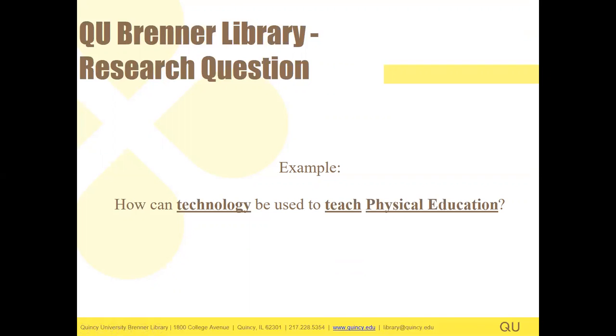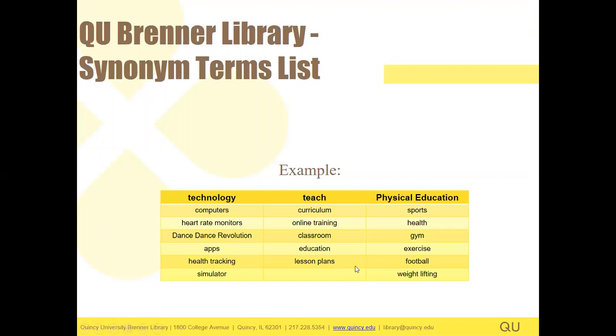Now I'm going to put those into a table and I'm going to come up with like terms for those 3 concepts. That way, if I'm not finding what I am expecting to find, I can tweak my search by changing some of these terms around. So technology, computers, heart rate monitors, something specific for that field.